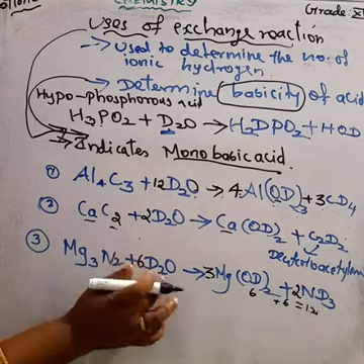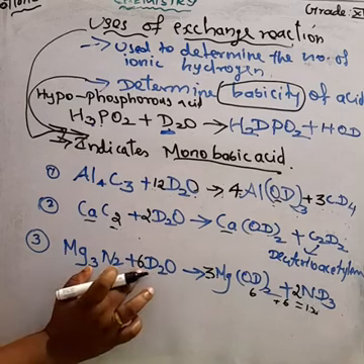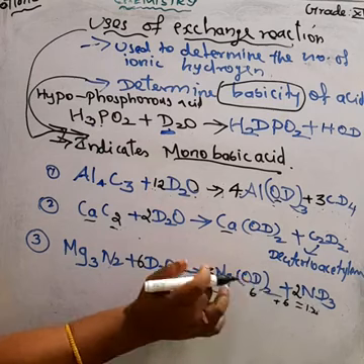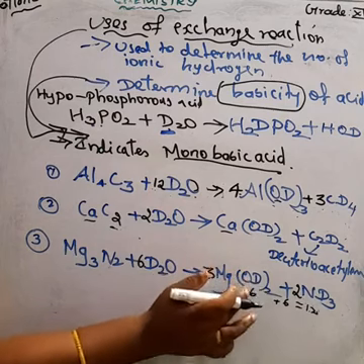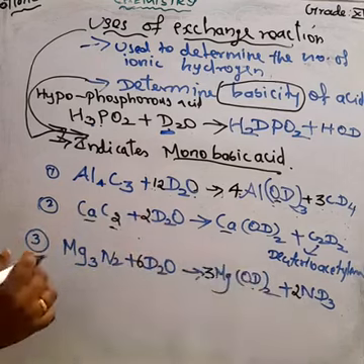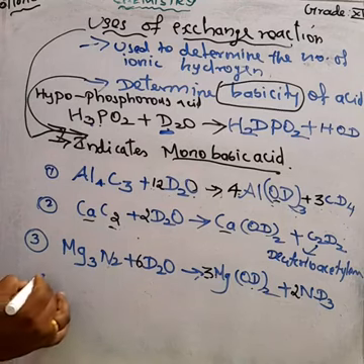Now the equation is balanced. 6 2s are 12 deuterium. And oxygen, how much oxygen? 6 oxygen. Here 3 2s are 6. The equation is balanced.